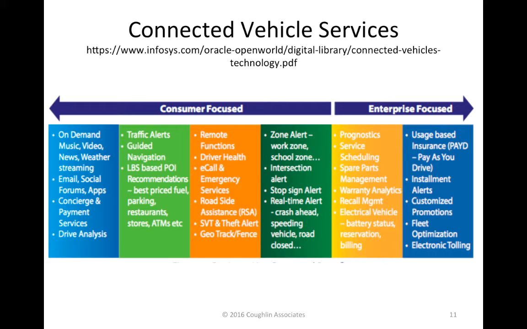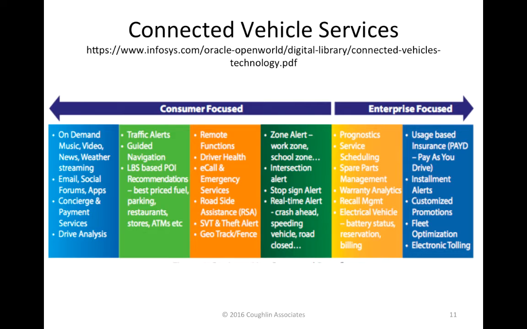Connecting vehicles together and connecting vehicles with local services can provide a lot of potential customer as well as enterprise values. Those customer values may be things such as on-demand radio, video, news, weather streaming from the internet or local services, access to emails, social networks, etc., hopefully not by the driver.